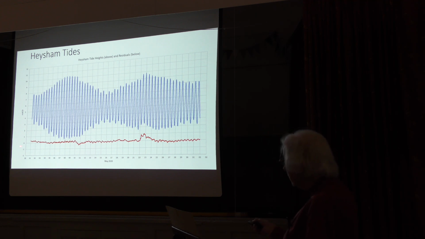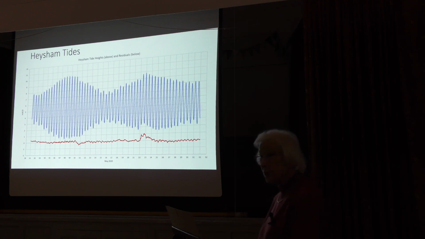And you can see, there's the zero, there's very little difference along much of the line here, but there was a considerable blip of about 1 metre. And this was produced by a very strong southwest storm.